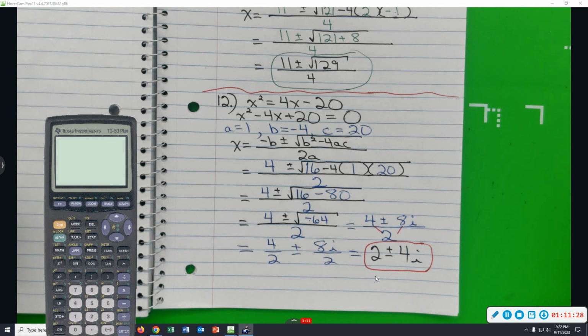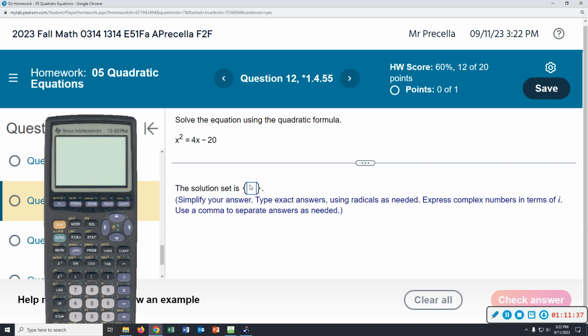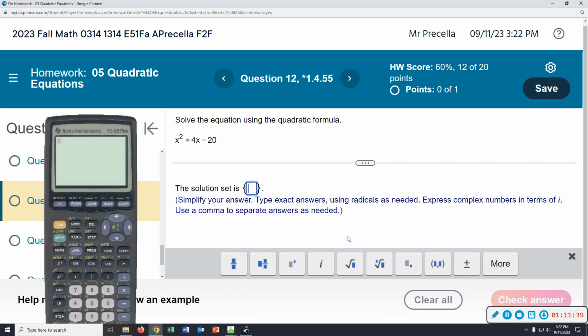Any questions there? Let's see. So, 2 plus or minus 4i. Now, in the olden days, they didn't used to have that plus minus hot button.